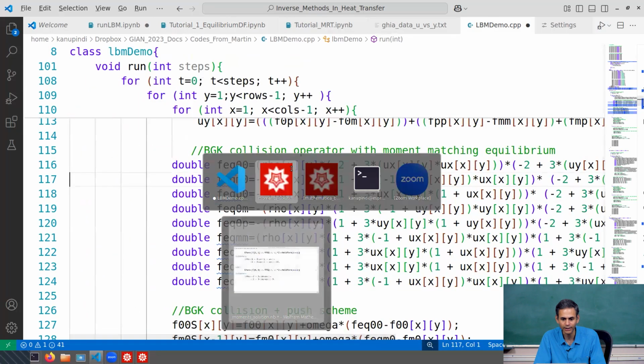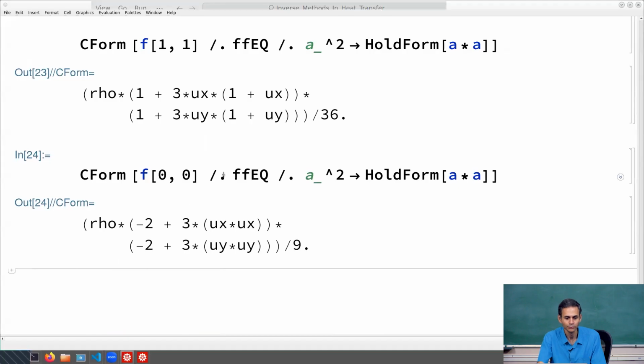This is exactly taken from here, rho times minus 2 plus 3 times ux square, minus 2 plus 3 times uy square, divided by 9.